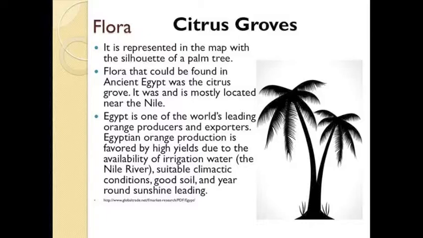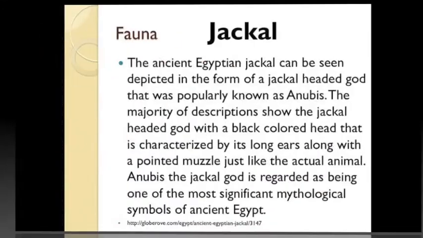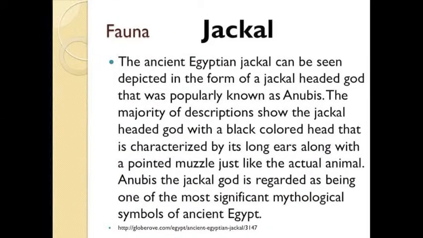and year-round sunshine lighting. The jackal is one of the most symbolic animals in Egypt and in all Africa. In ancient Egypt, it was used as a symbol for the god of the dead. The ancient Egyptian jackal can be seen depicted in the form of a jackal-headed god that was popularly known as Anubis.